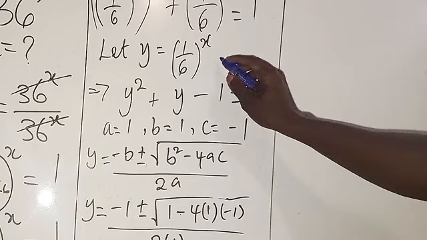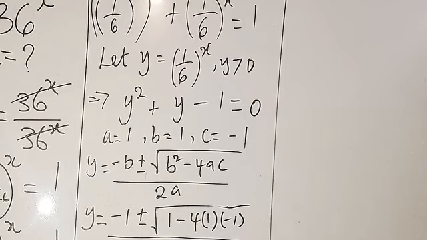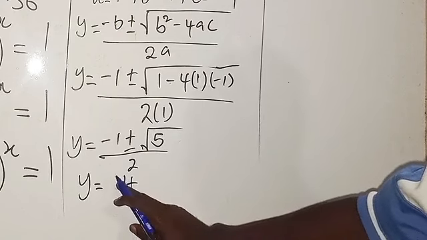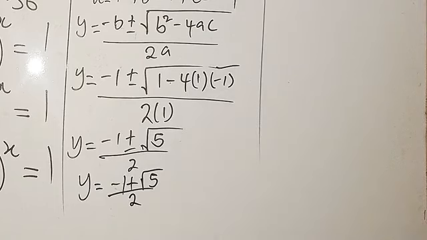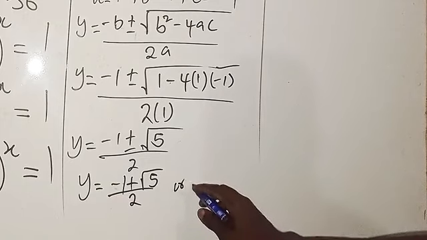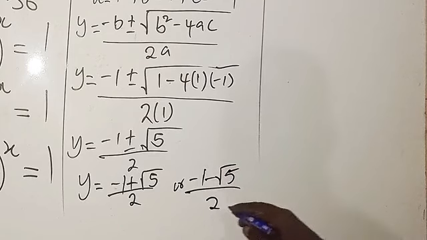You should remember that here y must always be greater than 0, so it cannot be negative because of this power here. So what we need to do here is that we have y equals minus 1 plus root 5 all over 2, that is y, or we have minus 1 minus root 5 over 2.